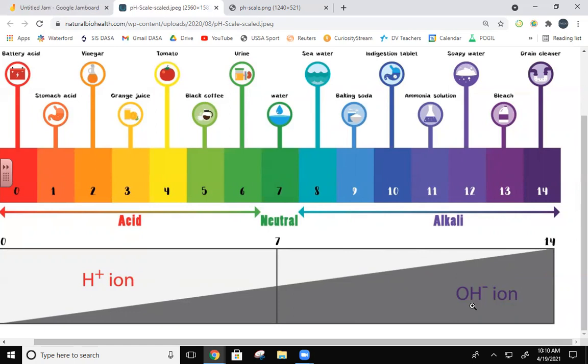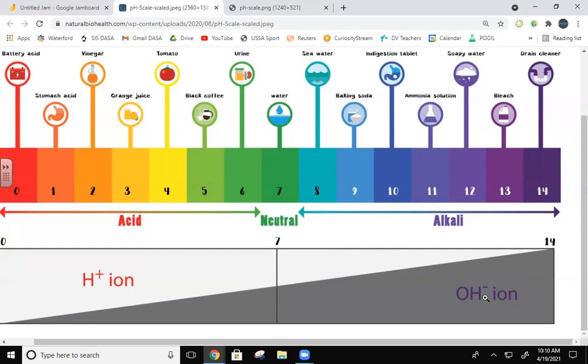The polar molecule of sodium chloride will pull some hydrogens away from some water molecules, and so you'll end up with a bunch of OH minus ions being liberated into the solution. So that's why seawater is slightly alkaline, because of the salt.